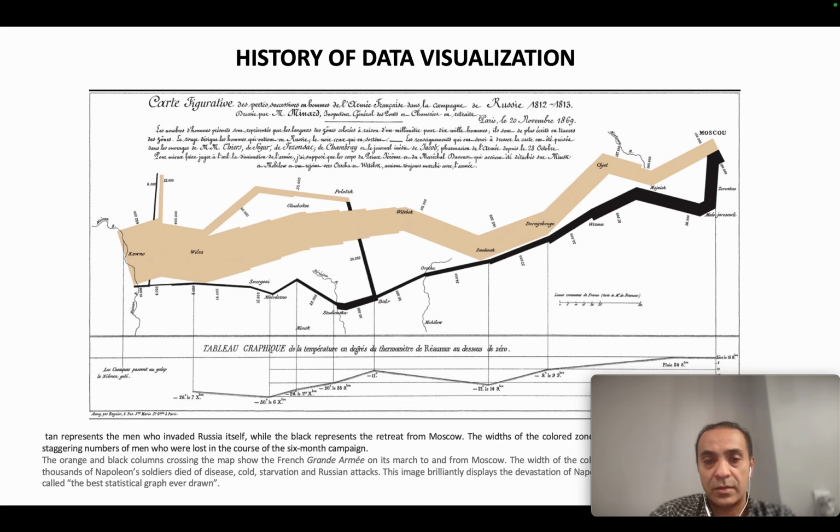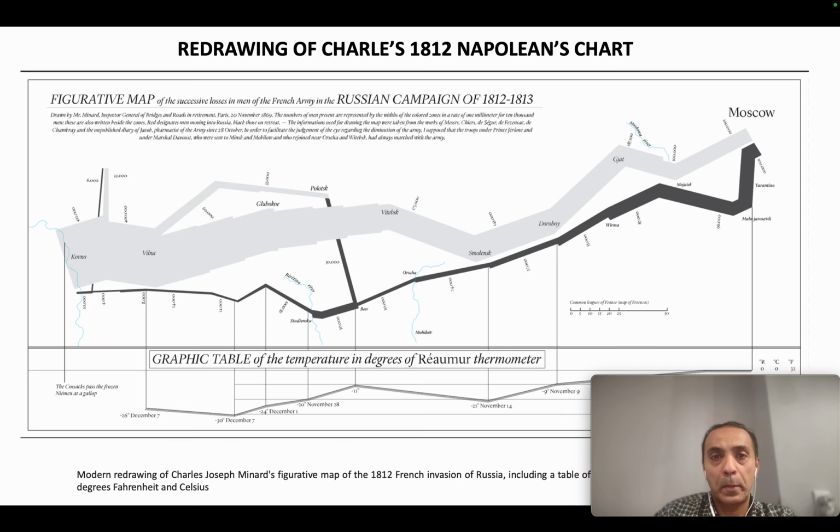because of the attacks or of the diseases or the cold or the starvation. So this is one of the most remarkable visualizations created in the early 18th century, and this is a modern redrawing of Charles Joseph Minard's figurative map of the 1812 French invasion of Russia.